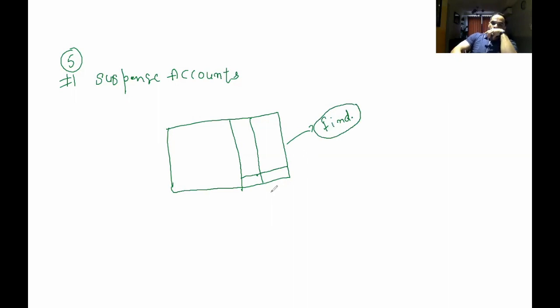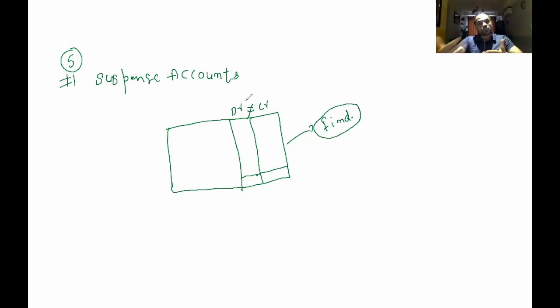So that's why the balance of the debit column must be equal with the credit balance. For example, if the trial balance is not equal, which means we made a mistake, right?